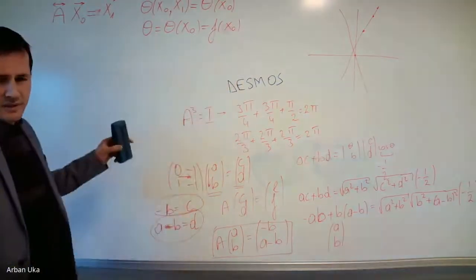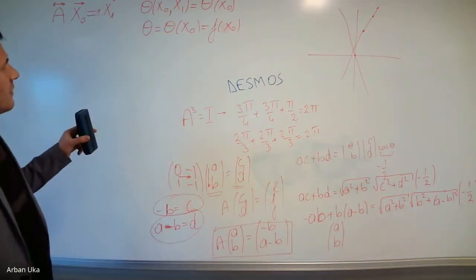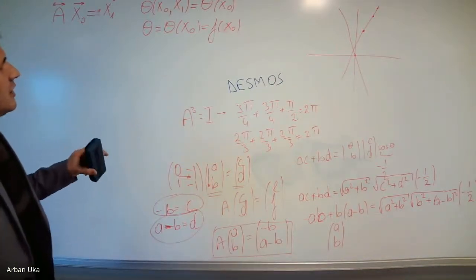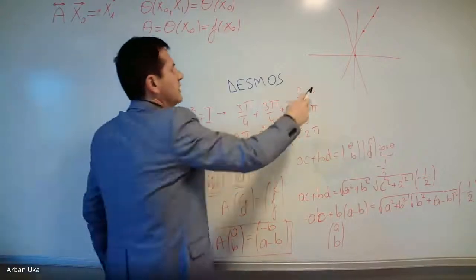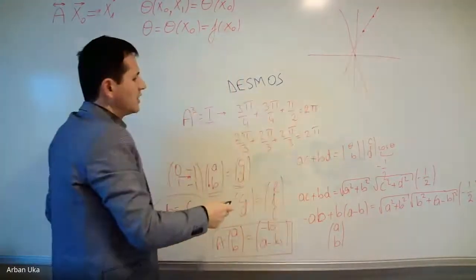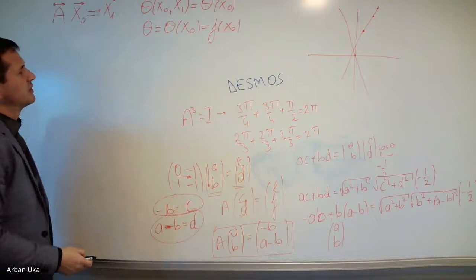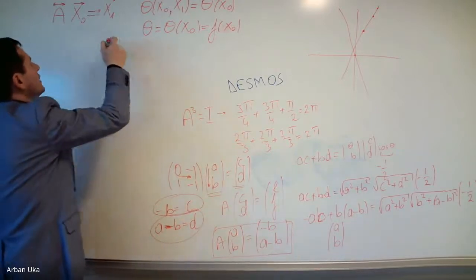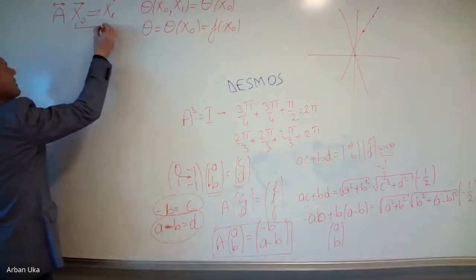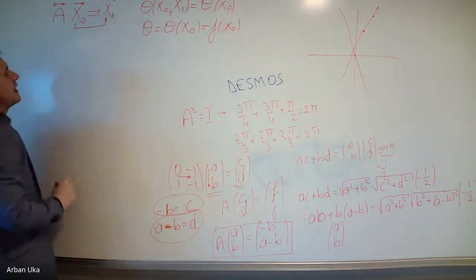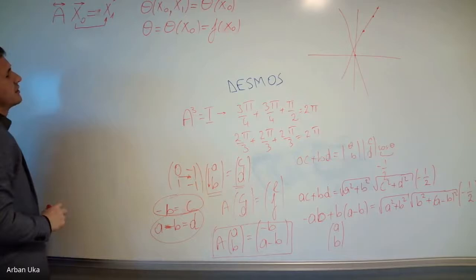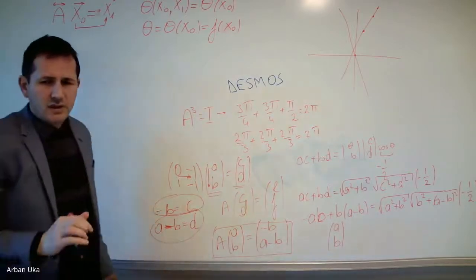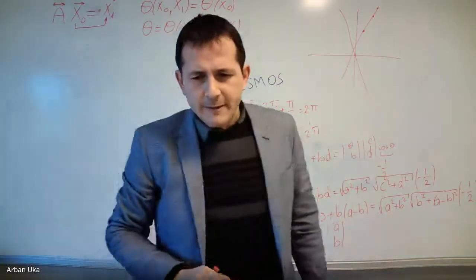Would you agree with this? Yes, right, because as we can see, we can find some values for which we can obtain a pure rotation by 120 degrees. And it looks like the angle between any of these two vectors, at least regarding the rotation effect, because the vectors can also change the magnitude.